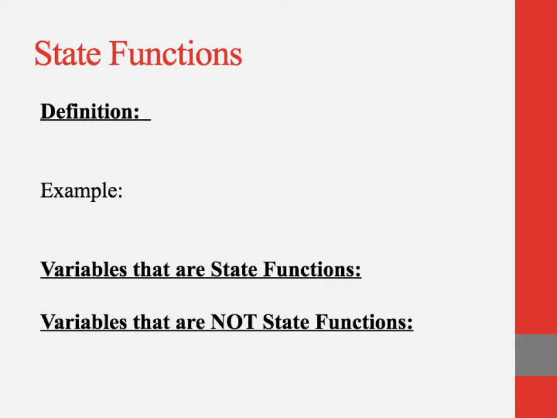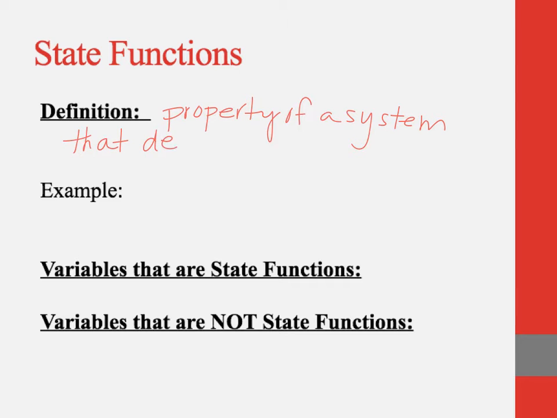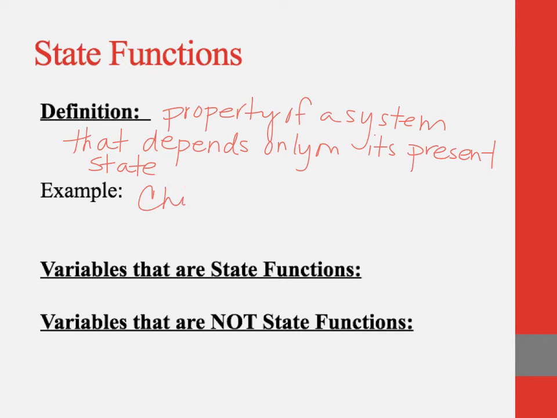Okay, let's get to a definition. A state function is a property of a system that depends only on its present state. Okay, an example. I'll go back to my plane. You're the pilot of a plane.